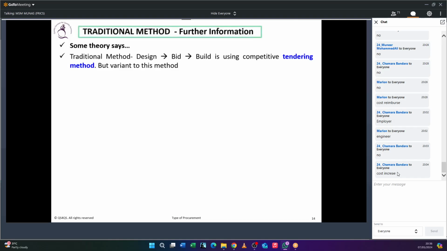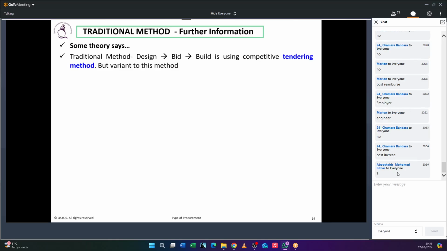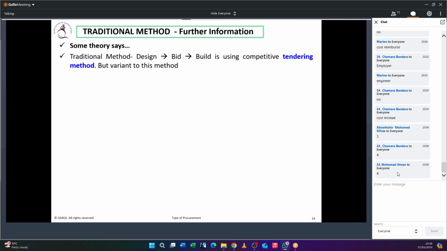Now you know about tendering, isn't it? Do you remember all the tendering methods? Yes or no? How many types of tendering do we have?